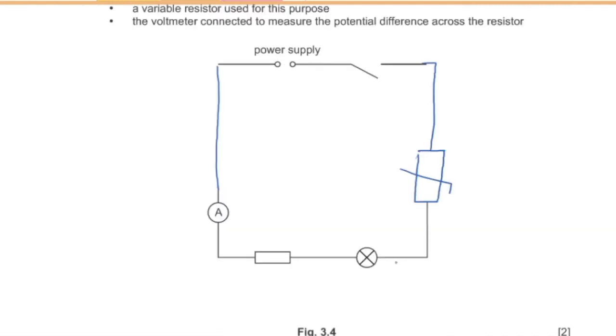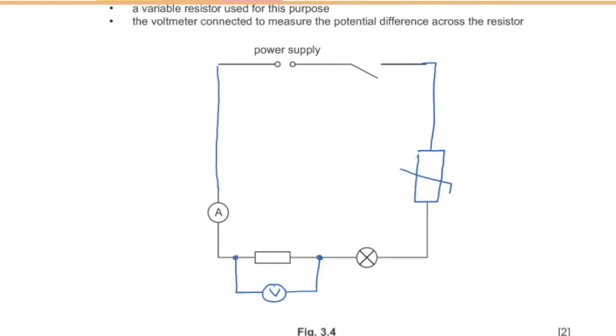And the question also demands that we measure the potential difference across the resistor. So a voltmeter will always be parallel to the component you wish to measure PD across. So a voltmeter across the resistor, because we would like to measure the potential difference across the resistor.